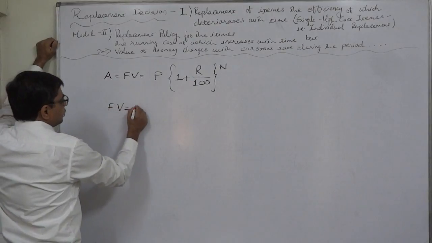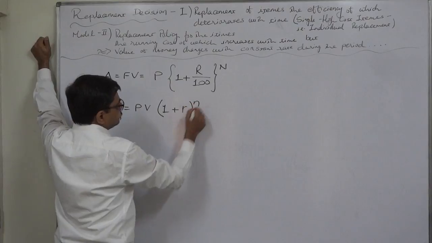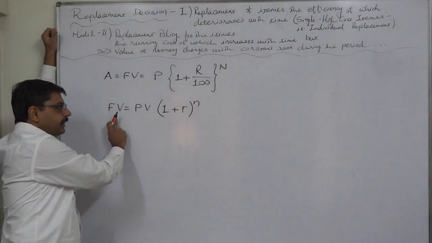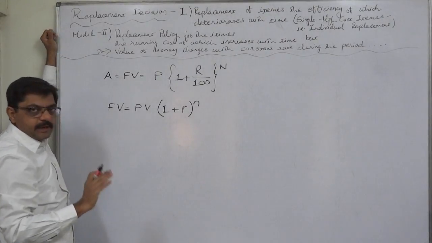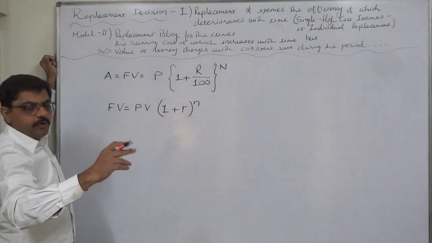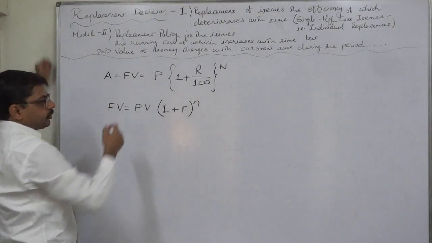Now this is the formula to calculate future value. That means principal amount, present value plus compounding interest for a specific period is obtained through this formula.